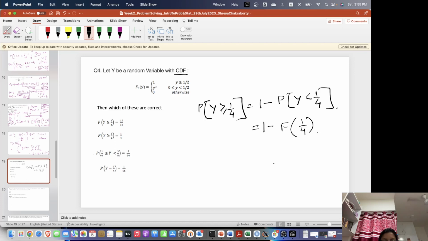Let y be a random variable with the CDF. Which of these are correct?